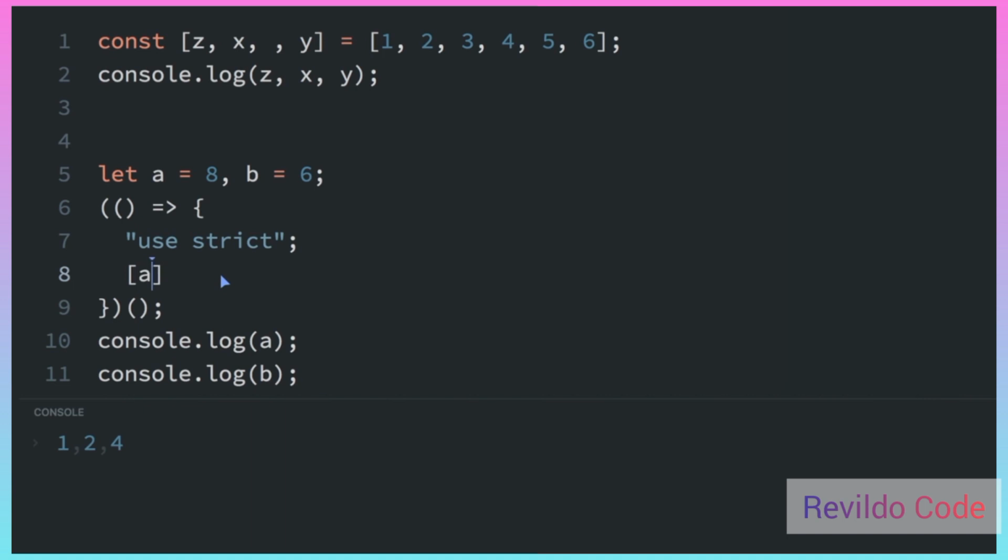I'll say [a, b] equals [b, a]. So now it's just taking this and switching the places. So instead of A being 8 and B equals 6, it's now going to log out 6 and 8. So let's see. Yep, it worked.